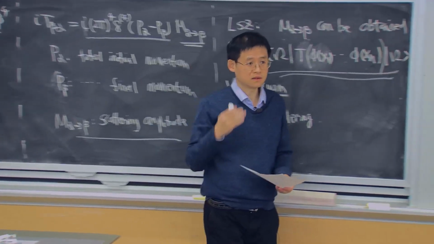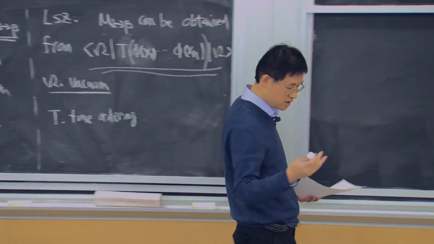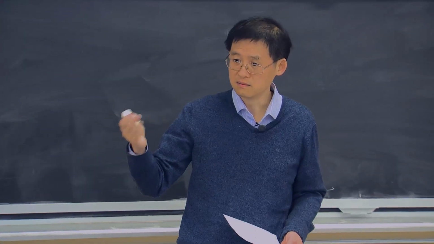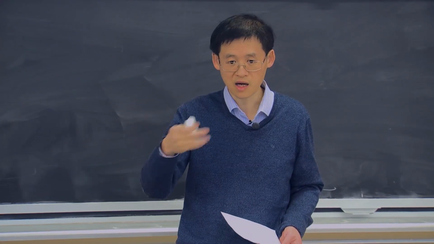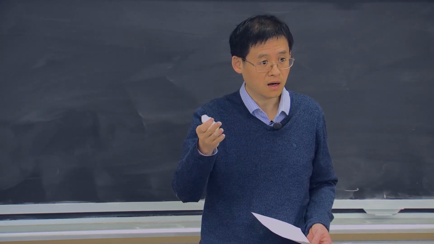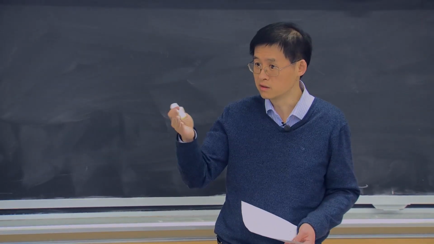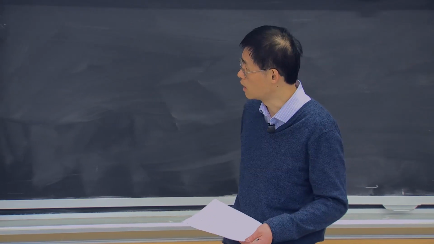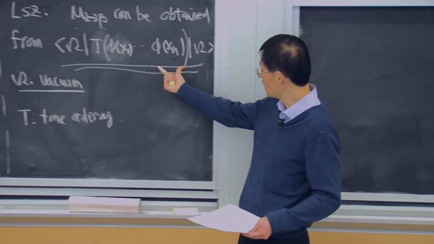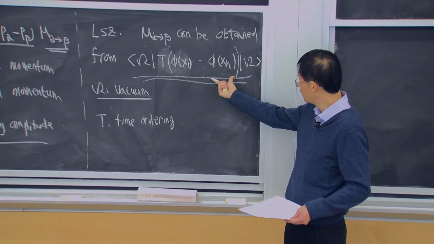This procedure is called perturbation theory, and in your quantum mechanics class, you should have already learned how to do perturbation theory. For example, in 806, that's a big part of the class. So with 806, in principle, you already know how to do this.